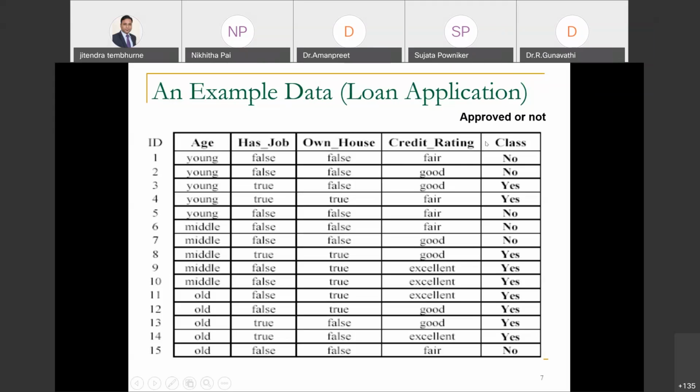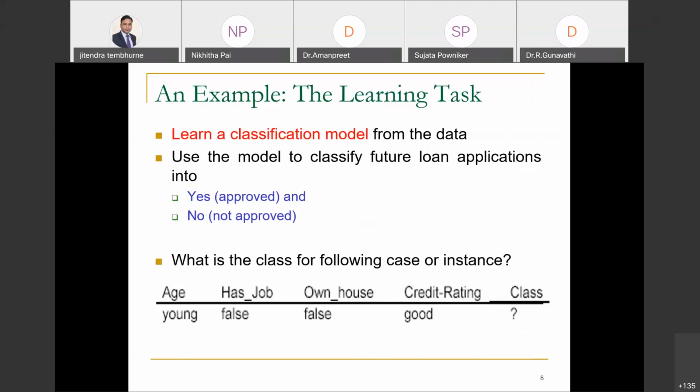Fine. So let's say this is our data for loan applications, and now we want to process this. The task here is the learning task. The moment you have a sufficient amount of labeled data on which you want to work, the first job is to design a classification model.